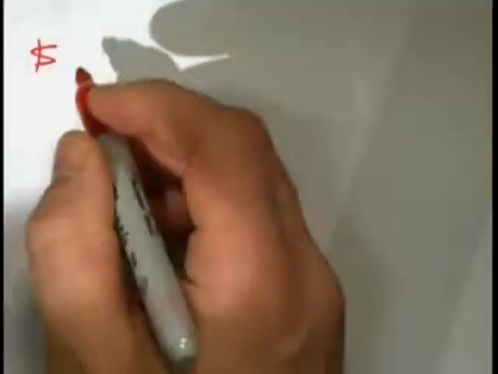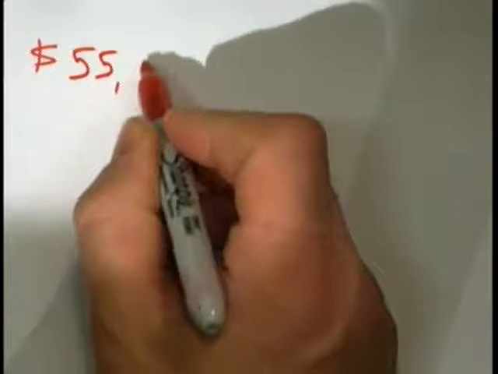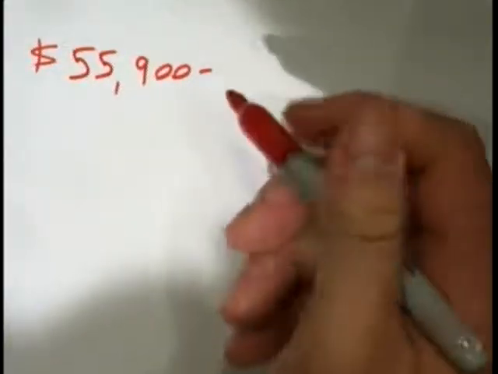Okay? All right, let's go back to Quick Study 10.3 a little bit and remind ourselves that the cost of this equipment was what? It was $55,900, is that correct? And what was the original salvage value? $1,900?